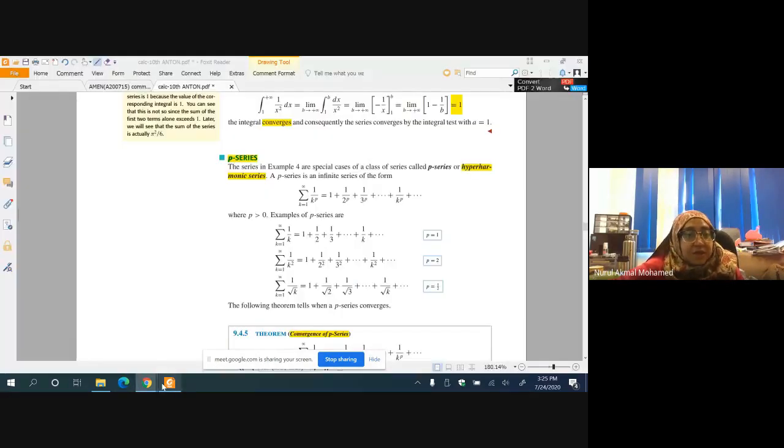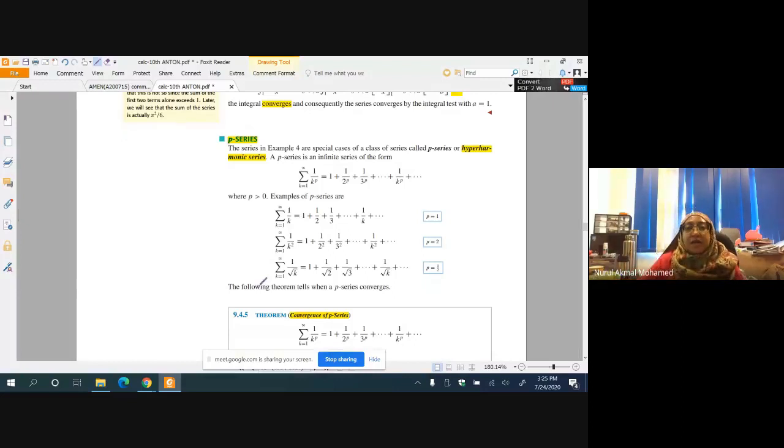Then I will continue. Next series is called the P series. The P series is 1 over k to the power of p, k starting from 1 up to infinity. So for the P series, you have 1 over k, 1 over k squared, 1 over k to the power of 1/2.